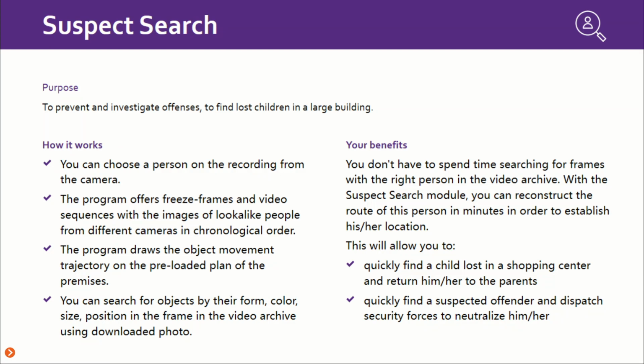This could be used to find any individual. An example has been given to find a lost child. The system works with certain information that you provide, either a frame taken from the camera, or you can arbitrarily draw something, or you may use the template to define the appearance.